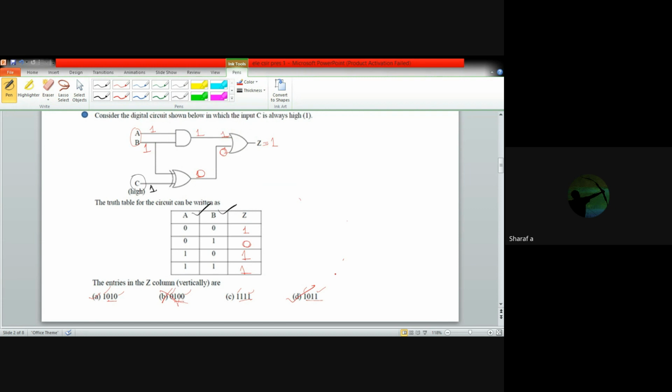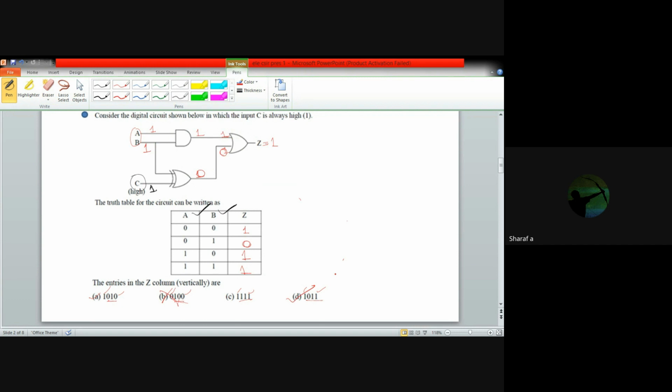So these kind of problems are very easy. Only thing that we have to do is we should know how the gates work, what will be the output of the gates when the inputs are given. If you know that, just write everything in the circuit itself. Don't do any calculations in your mind, because sometimes the calculations may become wrong.